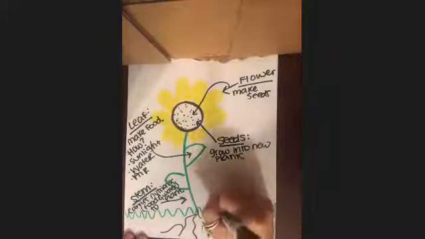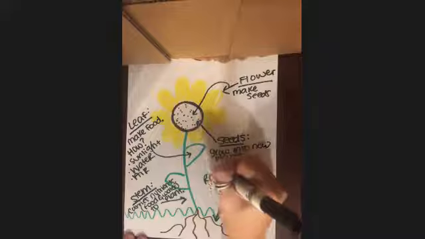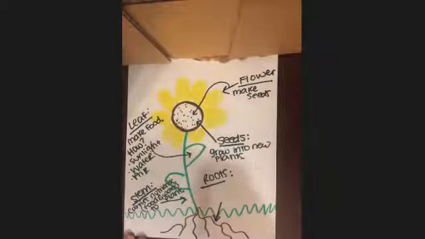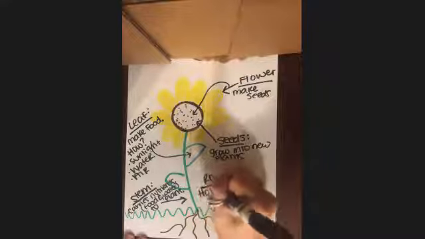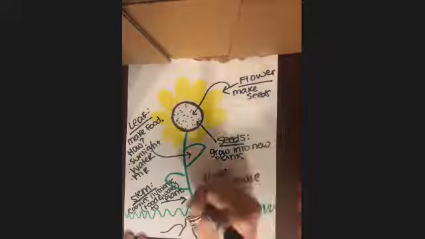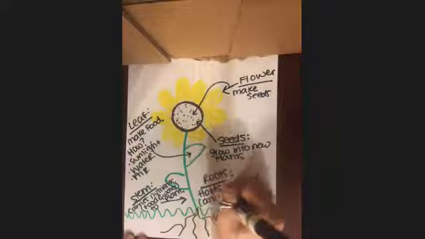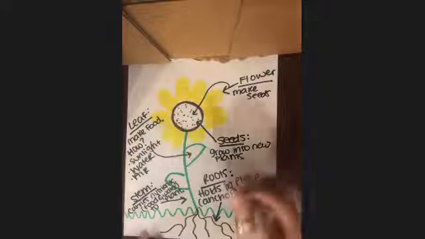Now, our last important part over here is the roots. Roots are super important to the plant. That's what holds it in place. It's like an anchor for a boat. It keeps it right in that one spot where it needs to be.